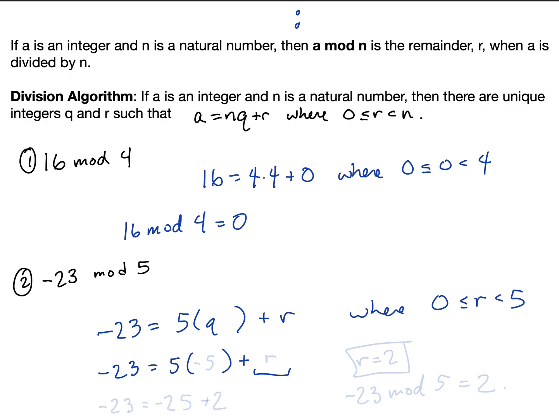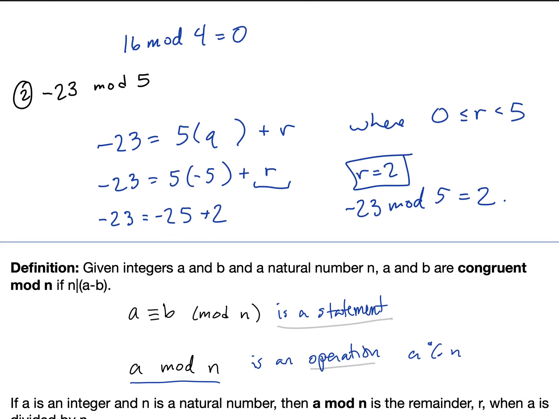So 5 times what could we use? We could use negative 5, and that means that r has to be equal to positive 2. So negative 23 is equal to negative 25 plus 2, and so r is equal to 2, the remainder is 2, and therefore negative 23 mod 5 is 2.